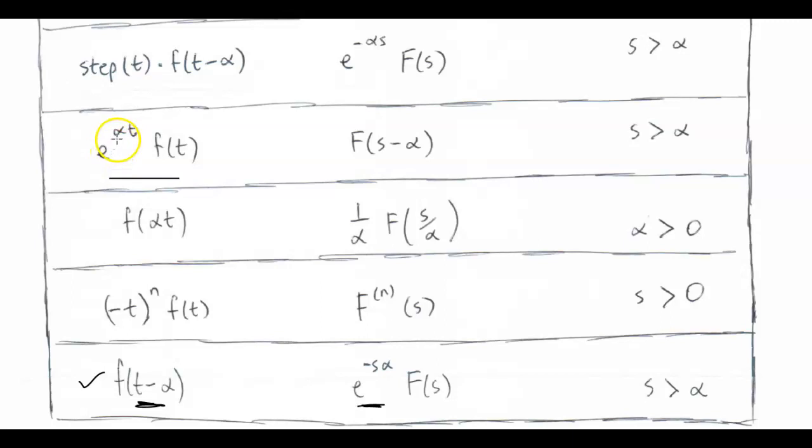We have e raised to some constant times t, some function here, and in order for us to take the Laplace transform of something like this, it would just be the same as the Laplace transform of f of t, but we're going to have a horizontal shift in the S domain, or in the Laplace transform domain here, okay?